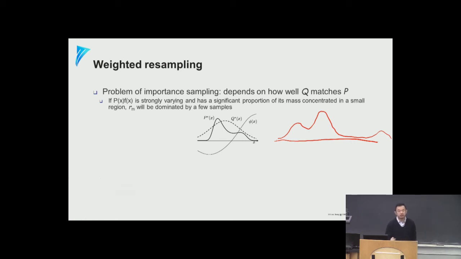Well, for a multimodal distribution, to choose a proposal, you don't have too many options. Usually you choose a Gaussian distribution or something, right? And if you are not very lucky, you may choose a proposal which is like this, which is obviously not very good. But on the other hand, you don't really know it, right?